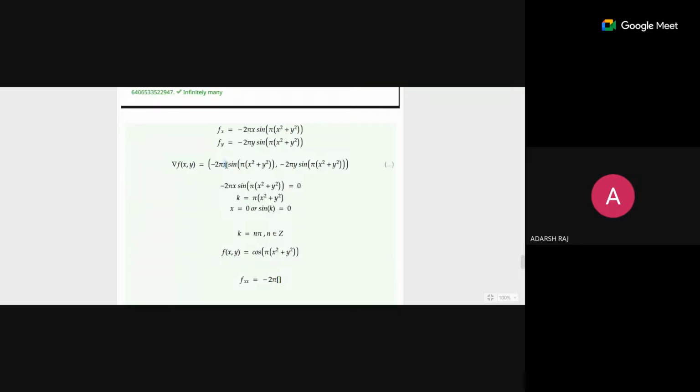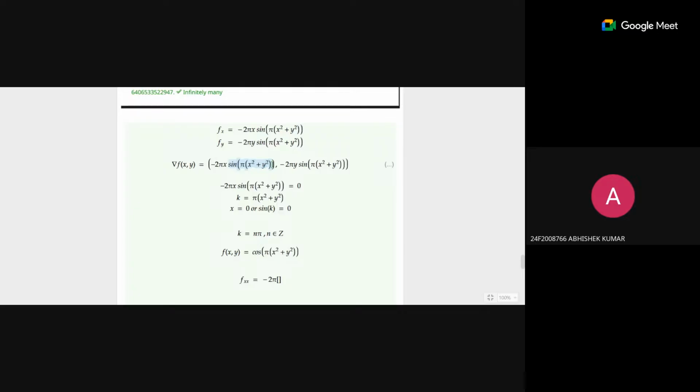This is u times v, x times sine of pi (x squared plus y squared). You have to apply the product rule, right? So the differentiation of x is what? 1. Then we have sine pi (x square plus y square).